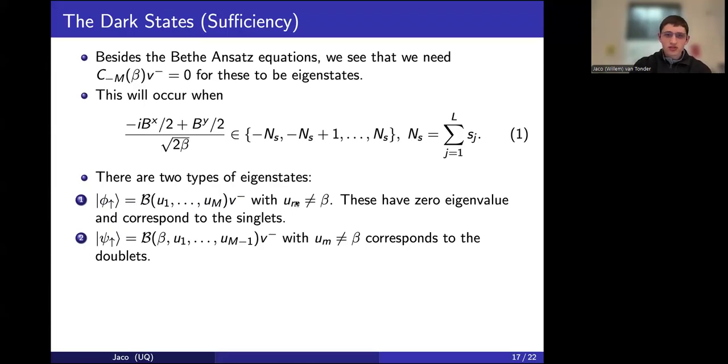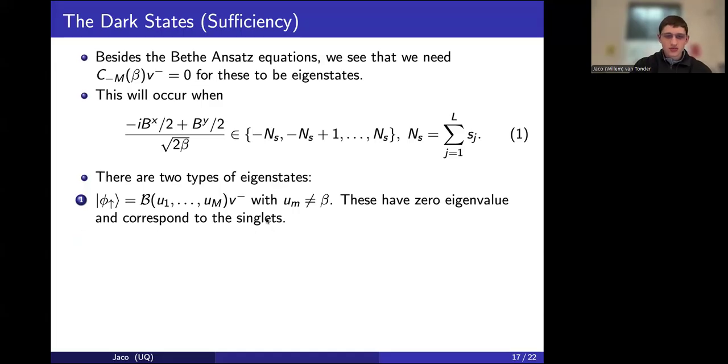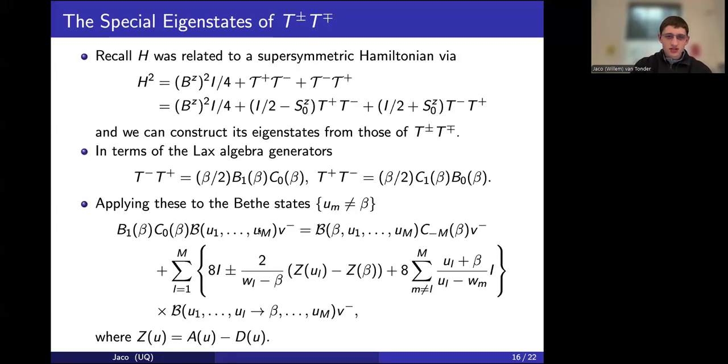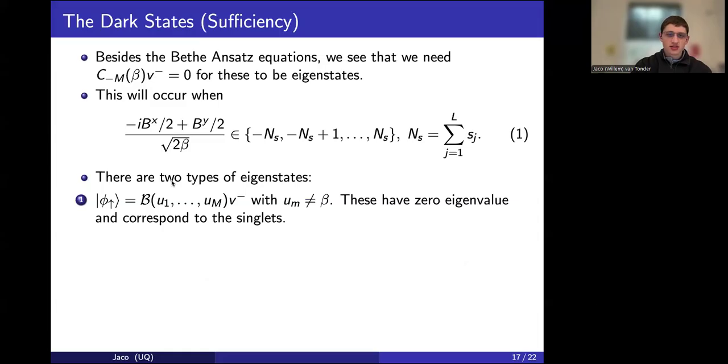One when none of the spectral parameters are equal to beta. For these, we have a 0 eigenvalue, and so these will be the singlets. So t plus t minus acts onto our state as 0, which, remembering that t plus and minus were Hermitian conjugates, means that both t plus and t minus will kill our state.